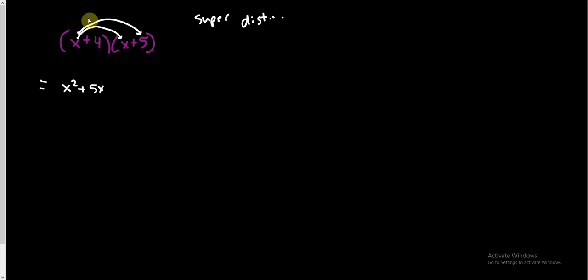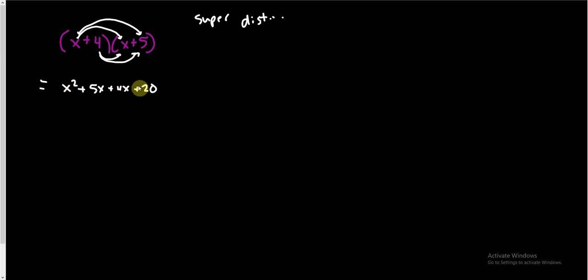Now this x has been distributed to everybody in the other polynomial, so this 4 needs to be distributed. 4 times x, that's a positive 4x. And 4 times 5, that's a positive 20.